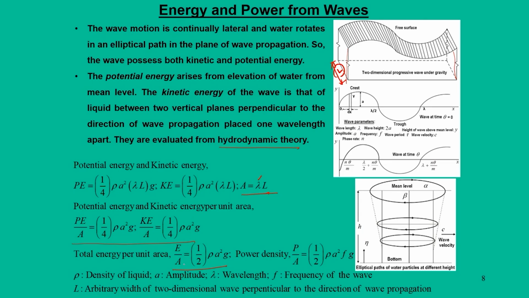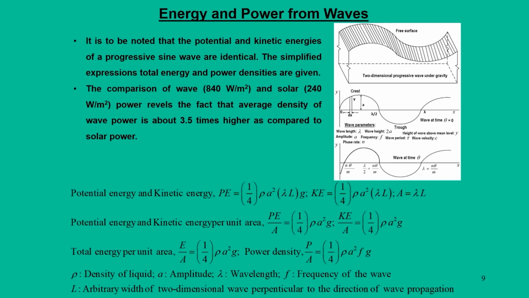If you know the frequency of the wave, or what occurrence the waves come with, then time also gets included here. So, the energy term can be converted to a power term. Power per unit area can be found by multiplying it with frequency, and this gives the total power density of the wave.